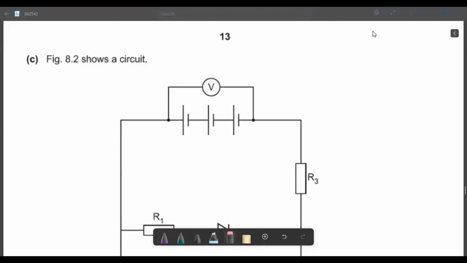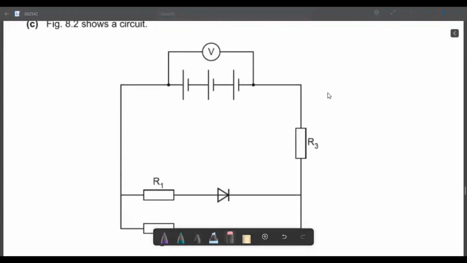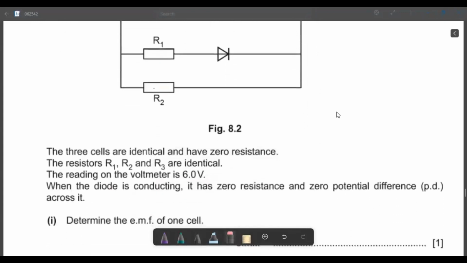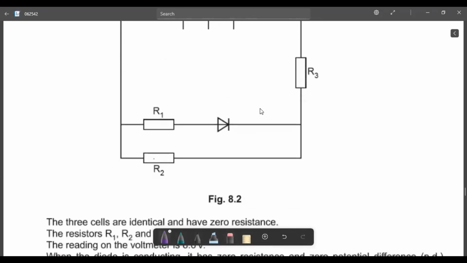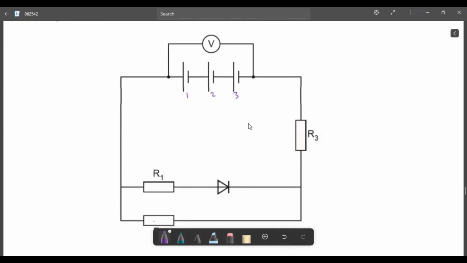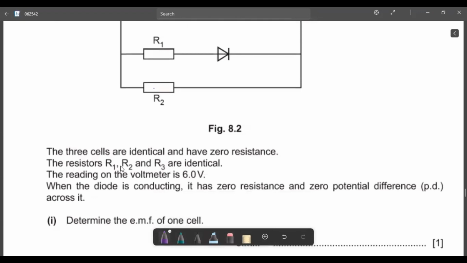Next, figure 8.2 shows a circuit. So we can see a circuit here. The 3 cells are identical and have 0 resistance. So here 3 cells are given, 1, 2, 3. They're identical and they are having 0 resistance. Resistances R1, R2, R3 are identical.